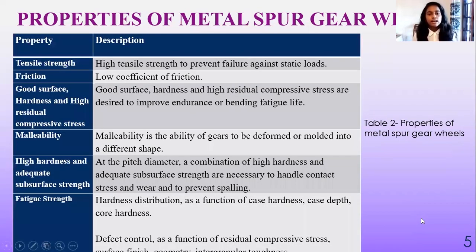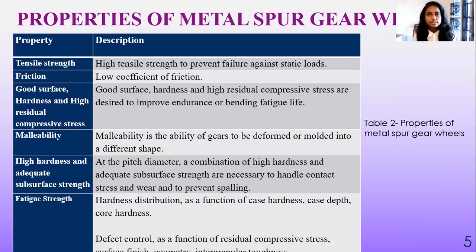Next, this slide shows properties of Metaspore gears. Then I divided these properties into several parts. They are tensile strength, good surface hardness and high residual compressive stress, malleability, high hardness and adequate subsurface strength, and fatigue strength.